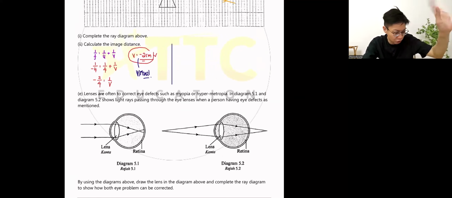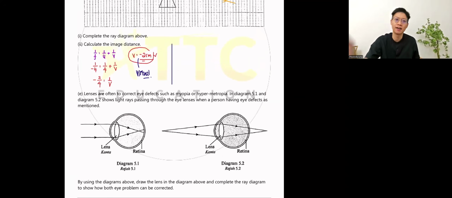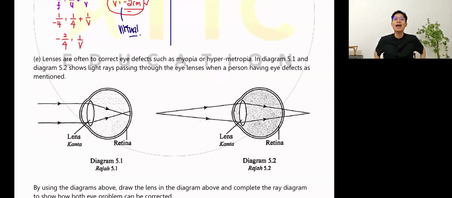Okay, now guys, I just quickly discuss verbally. If I've got two eyeballs here, do you know which one is short-sightedness? Which one is short-sighted? Which one is your eye?